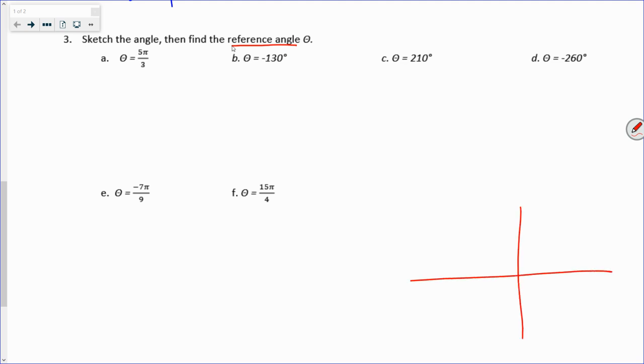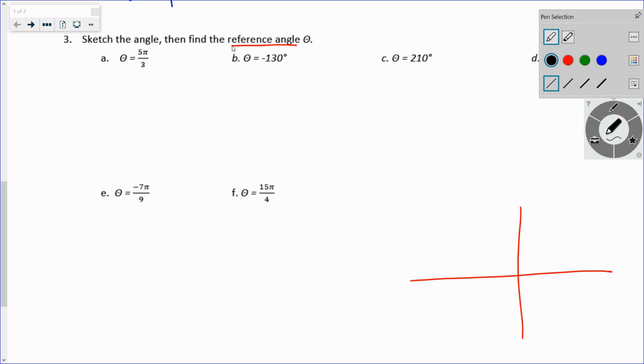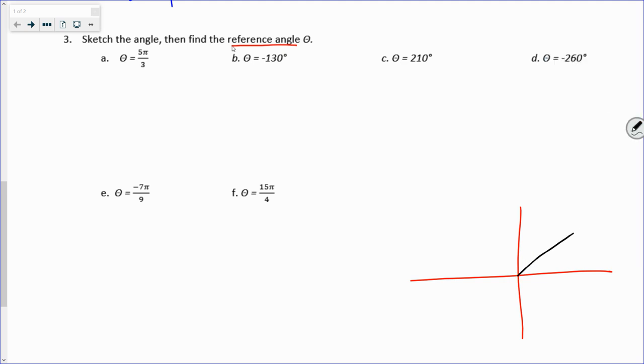If we are in some generic triangular case, our reference angle will always be the angle that is touching the x-axis and the side that's not vertical, so the hypotenuse.